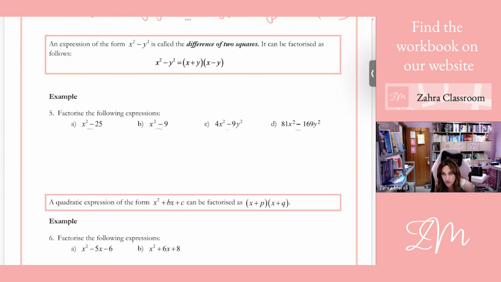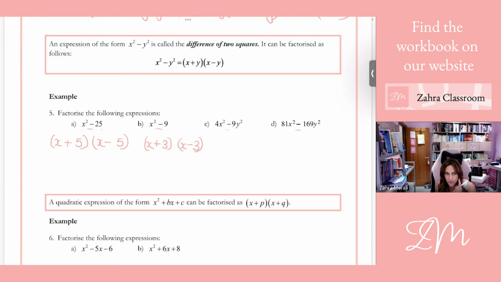So the square root of x squared is just x, and the square root of 25 is 5. What you're going to do is you've got 2 brackets, and then you make 1 plus, 1 minus. So again, 2 brackets. X squared is x, 9. We've got 3, but there's a minus in the middle. So we do plus and minus, and it does that.